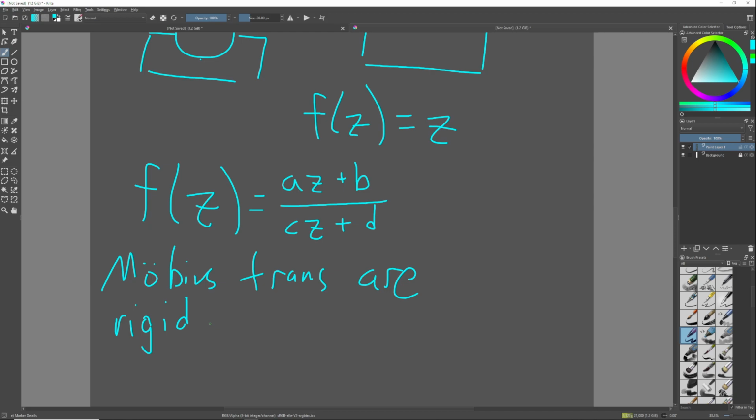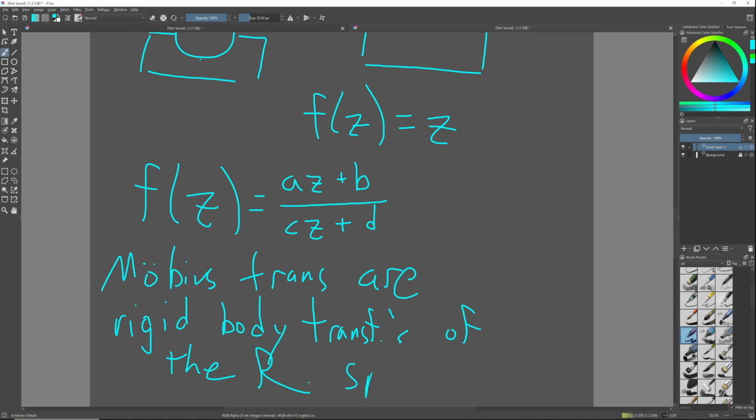They're sort of the affine transformations. They're the ordinary linear transformations plus translations. Transformations of the Riemann sphere.